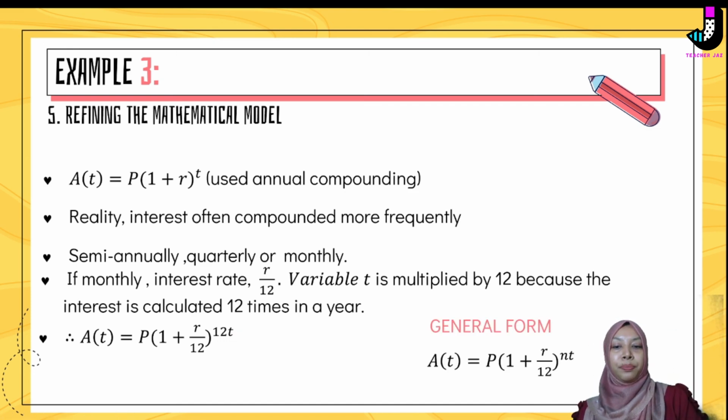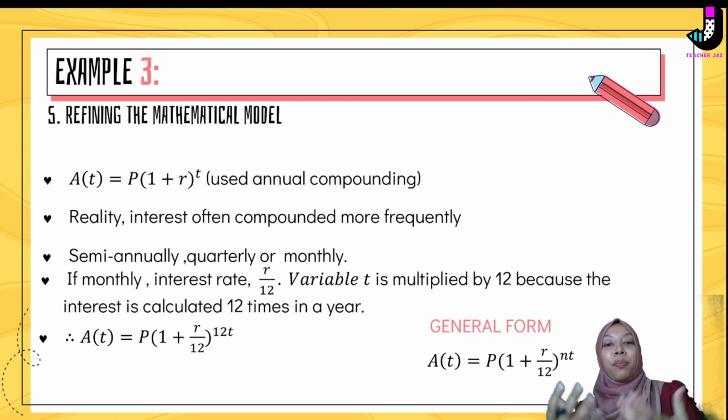So here the general form that you will get is the total savings for T years, P in a bracket 1 plus R over n, to the power of nT. N stands for how many times the interest is compounded. Darabkan dengan T yang tahun tadi tu.